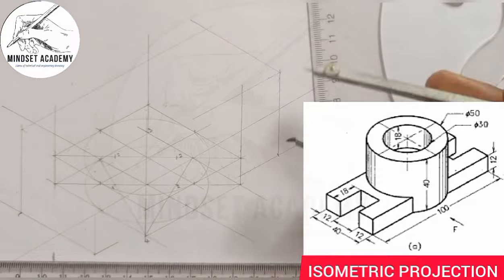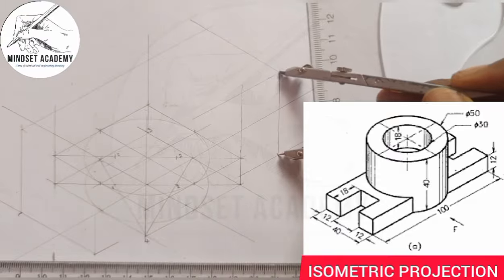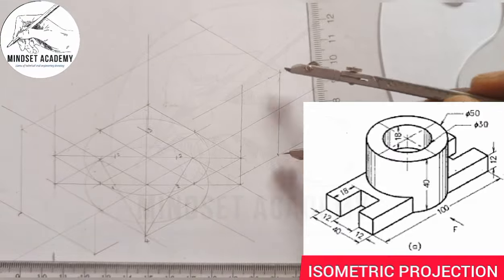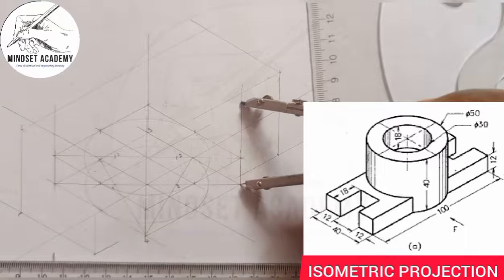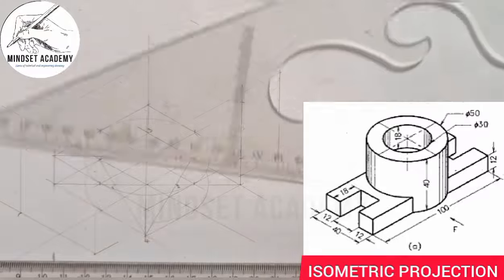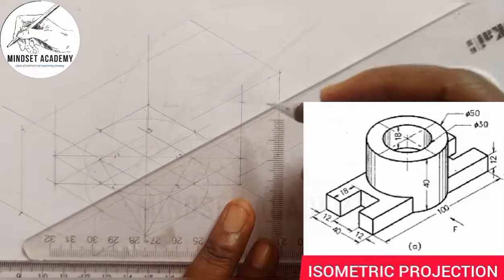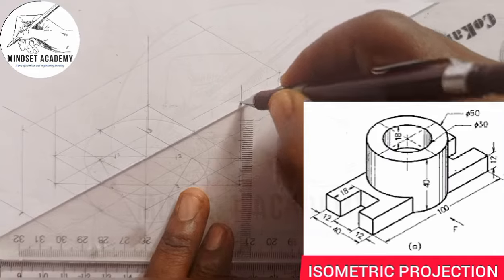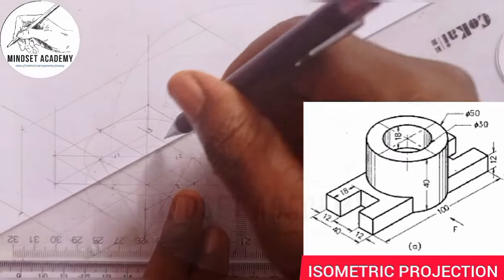We know that from this point here to this point is 40 that we measured earlier, right? So I'll just come here and I'll mark. This is the point I need. So I'll transfer the point to every point using my set square and my T-square, working hand in hand. When I place it this way, I can easily transfer this point to this point.